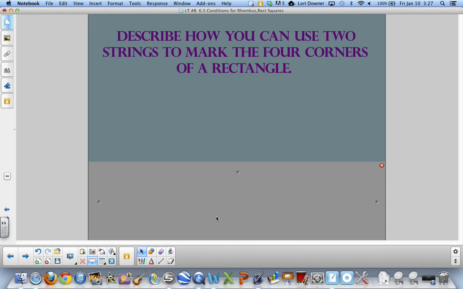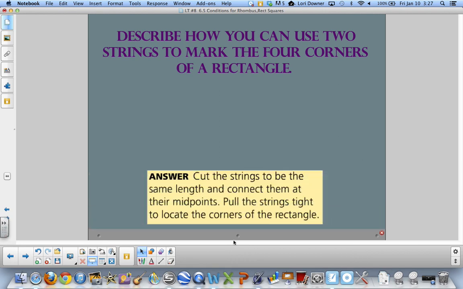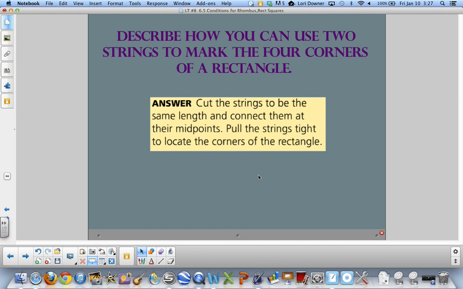Describe how you can use two strings to mark the four corners of a rectangle. Pause the movie, think about this, and then press play when you're ready. Okay. The answer would be to cut the strings the same length and then connect them at their midpoints.